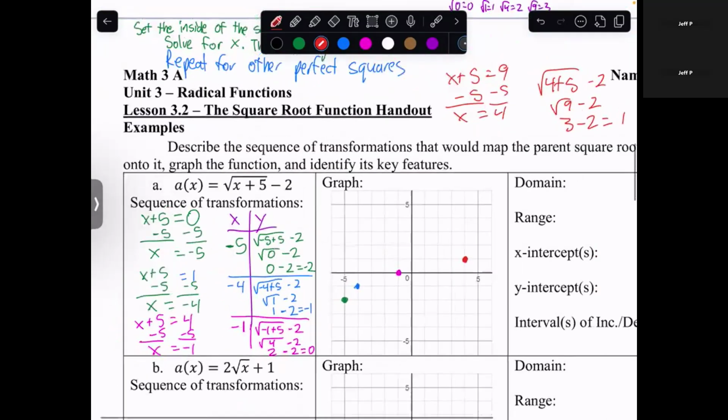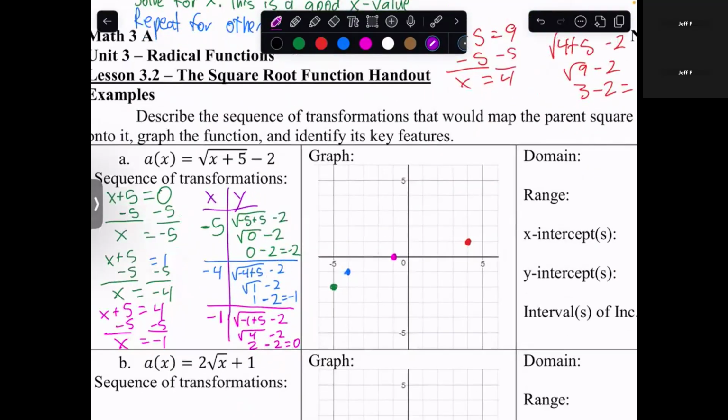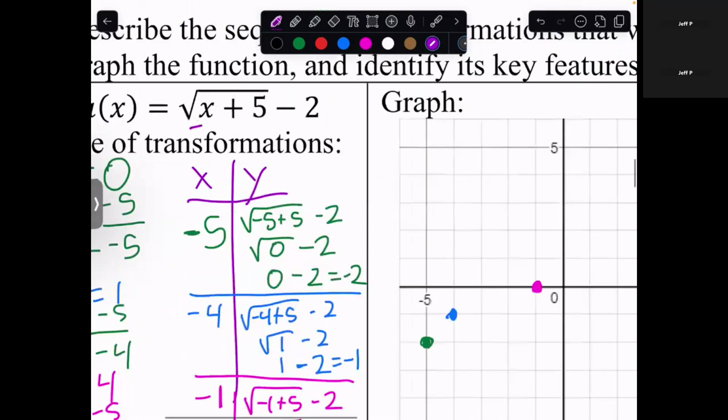Now we can see the shape of the graph. Remember, with square root functions, you do not go forever in both directions. You can't go any further left than -5. If you tried, say, -6, on the inside, -6 plus 5 would be -1, and the square root of a negative would be imaginary.